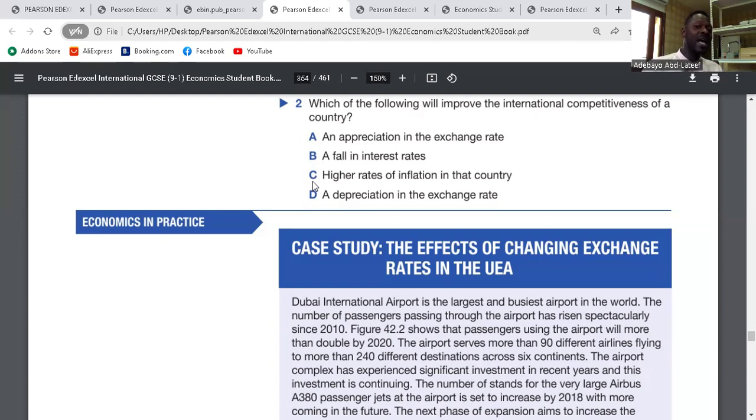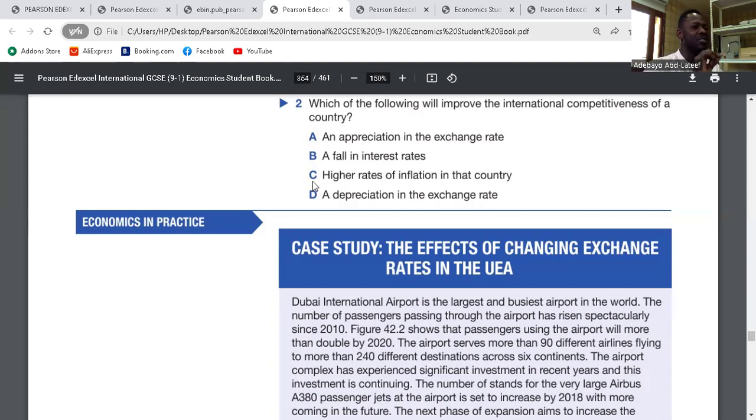So if domestic inflation increases, whatever you have to sell to foreign customers will have an increased price. It's not C.